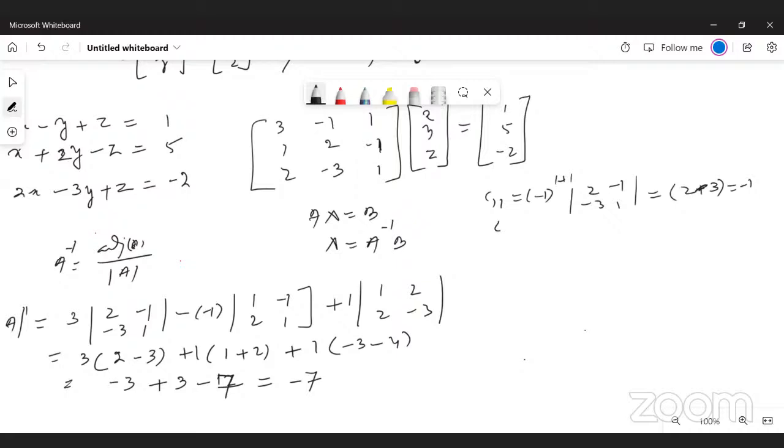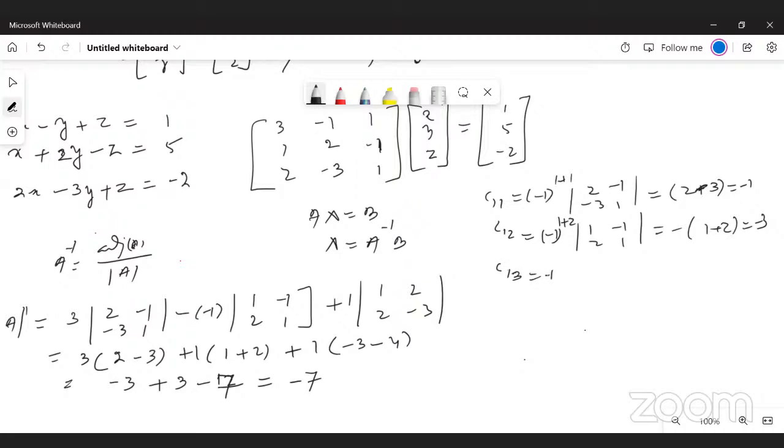In the same manner, first row second column: -1 to the power 1 plus 2, so it has a minus. Then 1 plus 2 becomes -3.